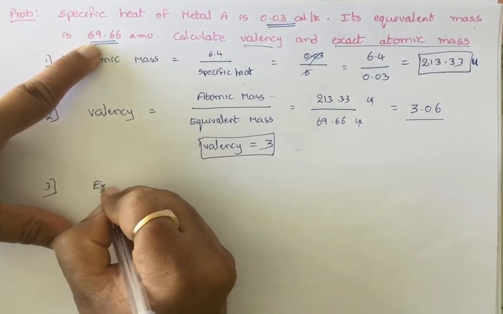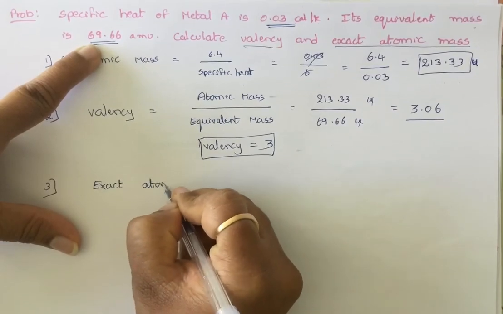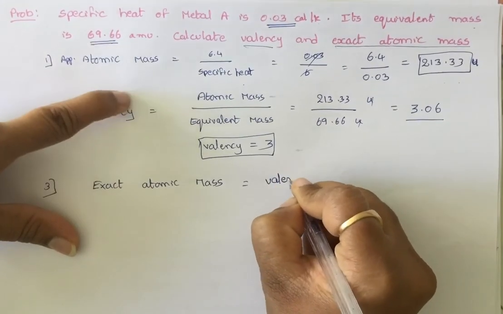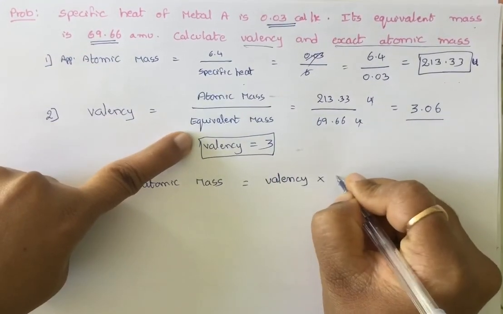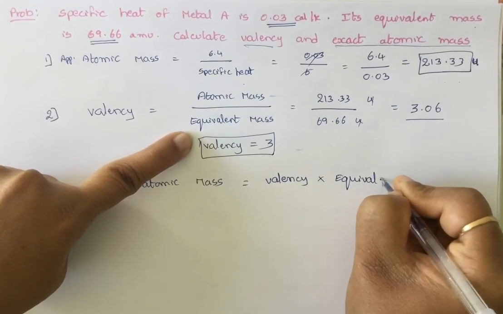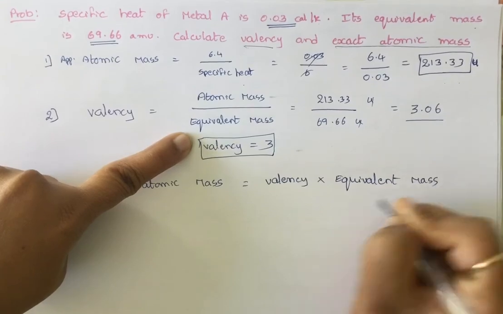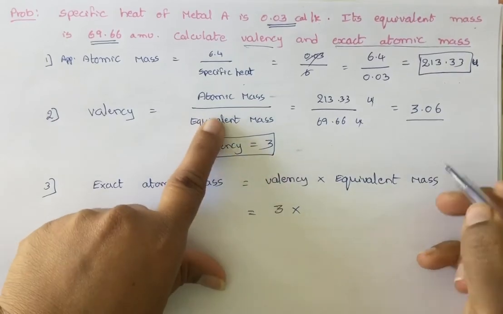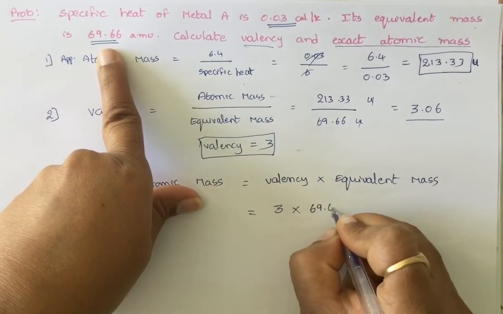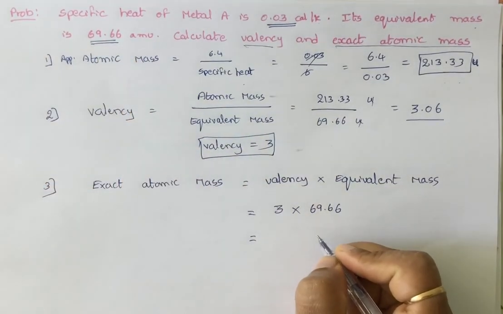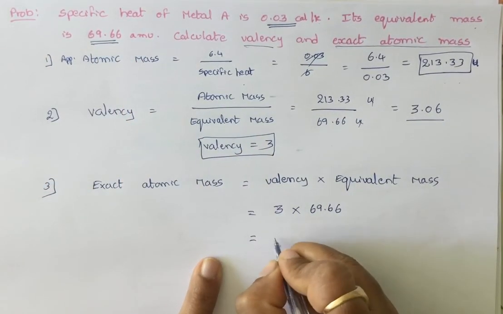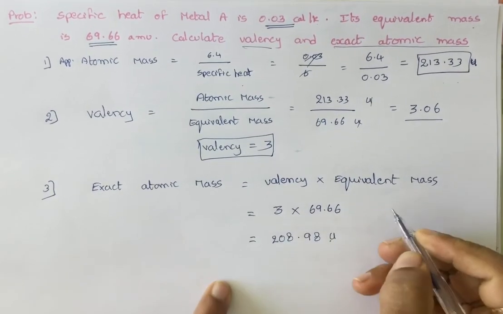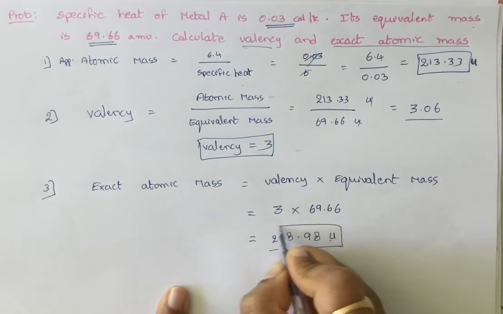The exact atomic mass can be calculated simply by multiplying valency with equivalent mass: 3 times 69.66. If you do this calculation, you get 208.98 U. This is the exact atomic mass of the given metal.